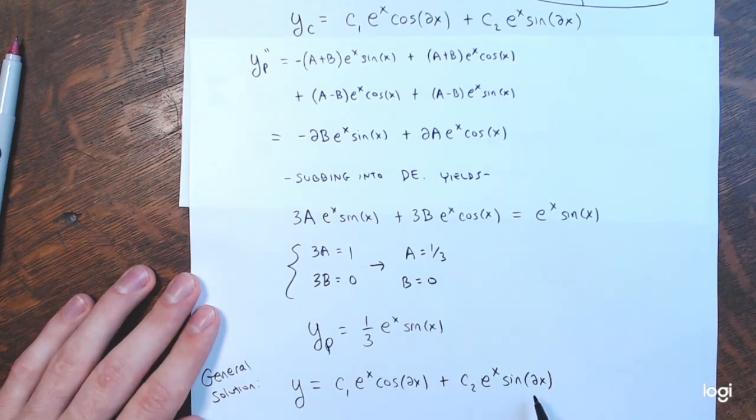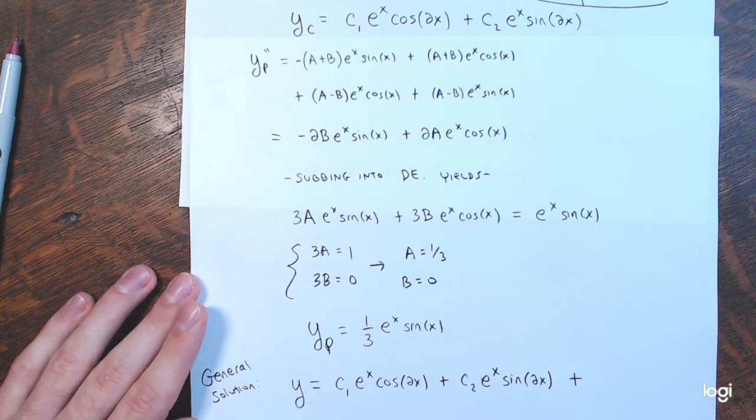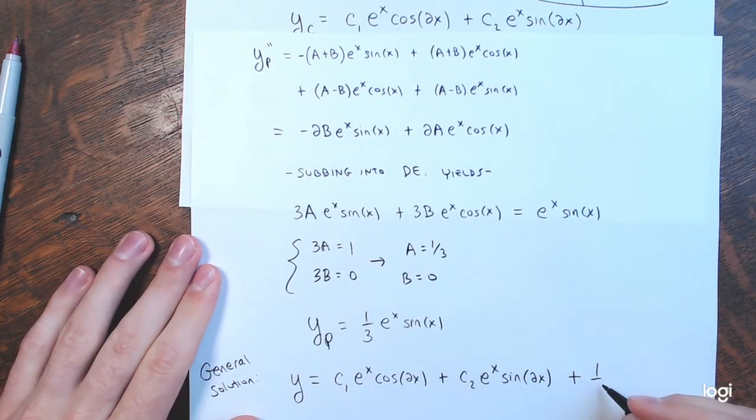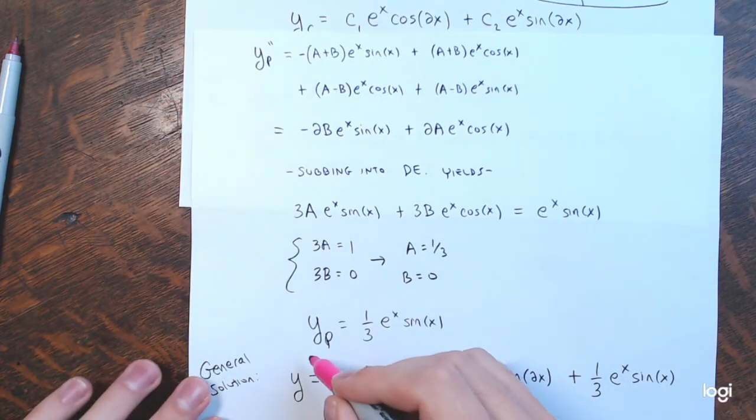There's our complementary function, and then plus the particular solution that we found to this equation, 1/3 times e to the x sine of x. Right, and there you have it.